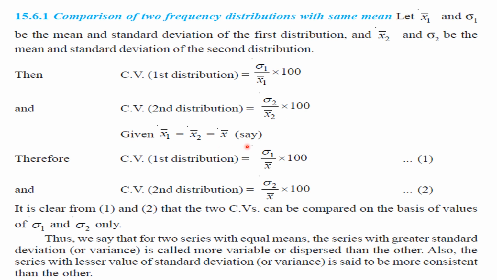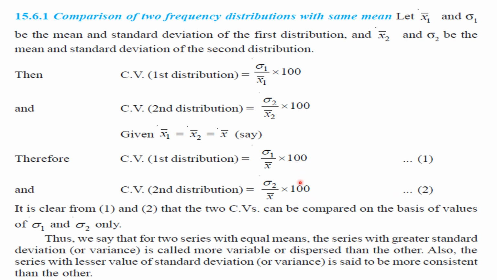Therefore, coefficient of variation of the first distribution is equal to sigma 1 by x bar into 100. Let us consider this as result 1, and coefficient of variation of the second distribution is equal to sigma 2 by x bar into 100. Let us consider this as result 2.